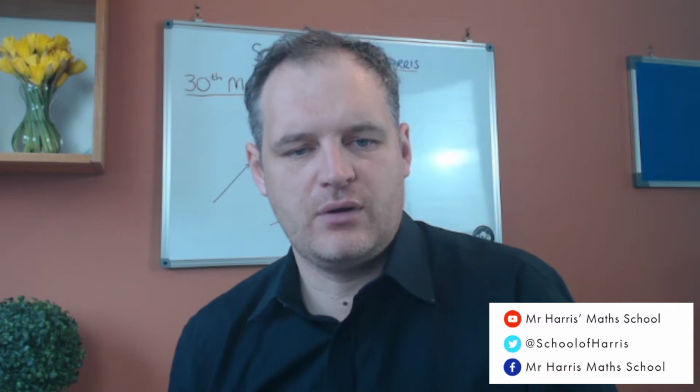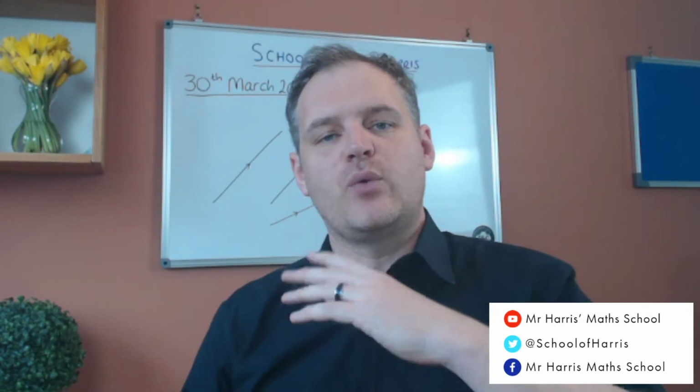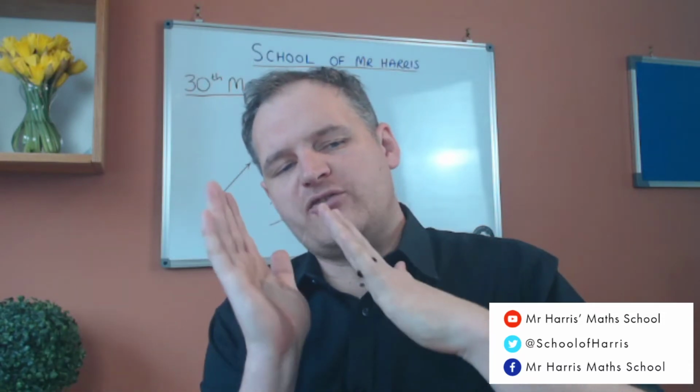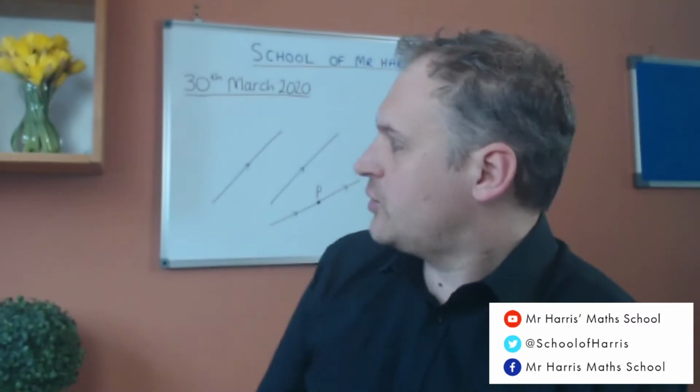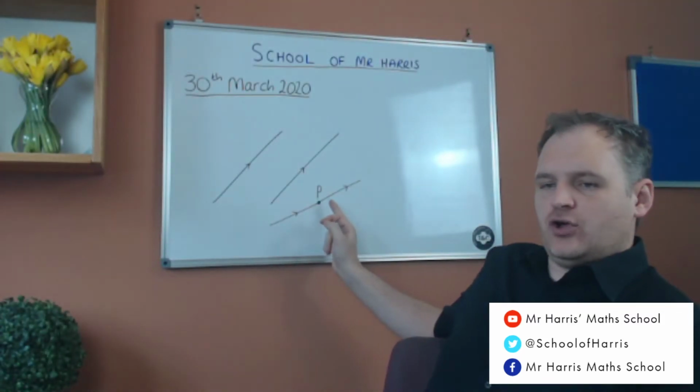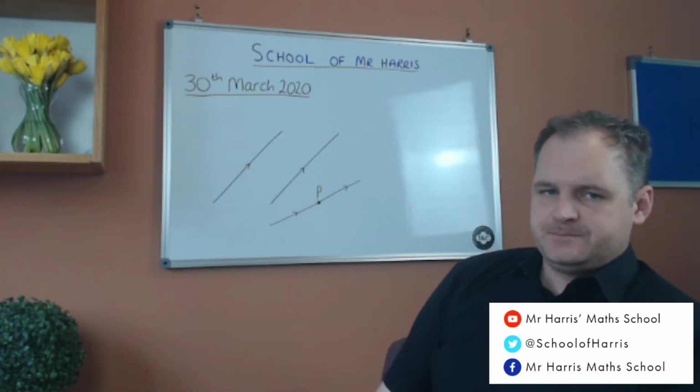So hopefully that has given you some understanding of what we've done so far. We have talked about the fact that one is a multiple of the other, and also on the board behind me I showed you that when there's a point in common, they form a straight line.